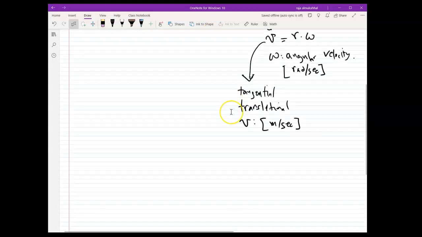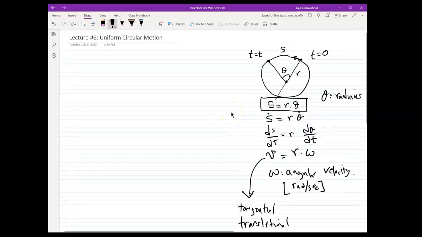So we come up with a very important relationship in physics, where the translational velocity, v, is equal to the radius multiplied by the angular velocity. All right? What does that mean? Well, think about it in terms of, let's say, a car. You have a car, and here is a car wheel.